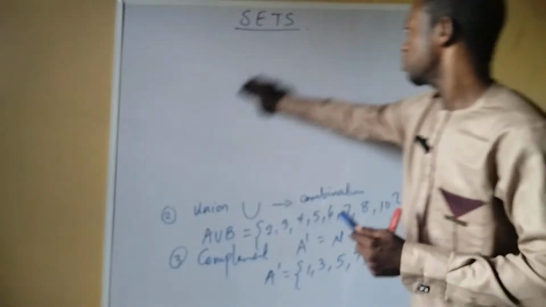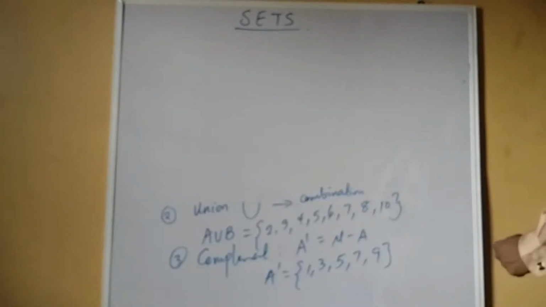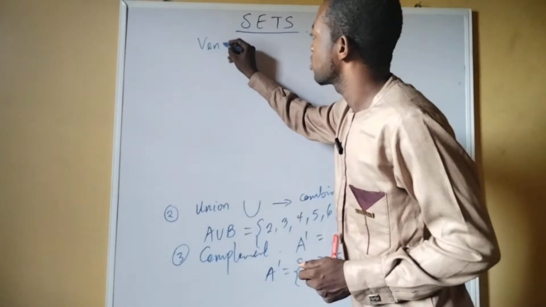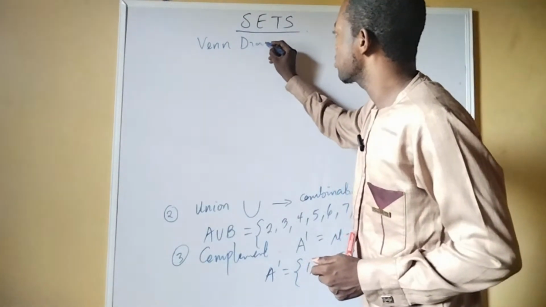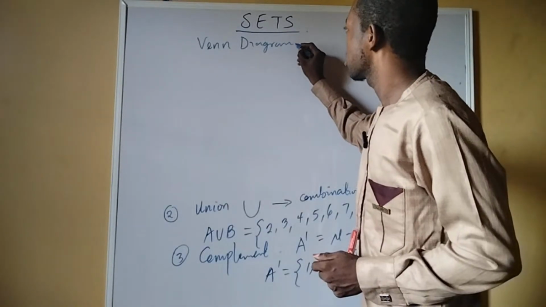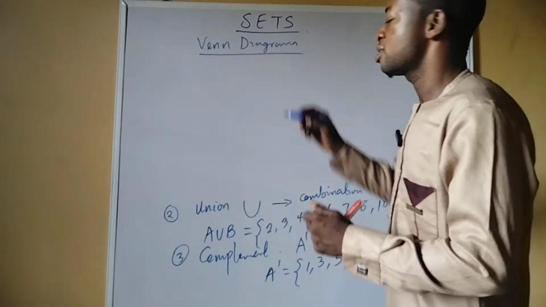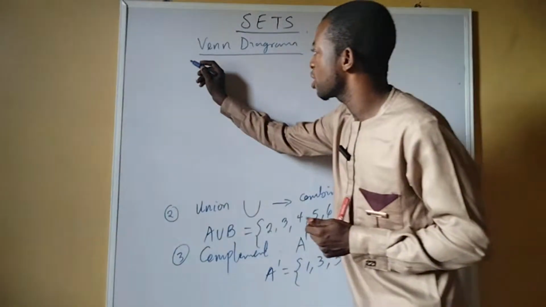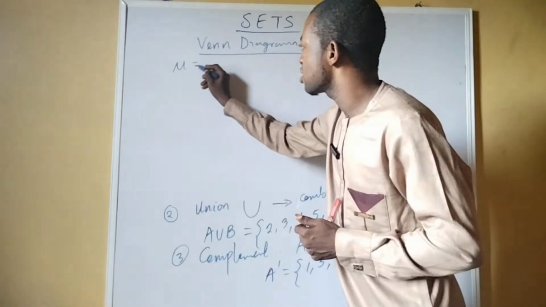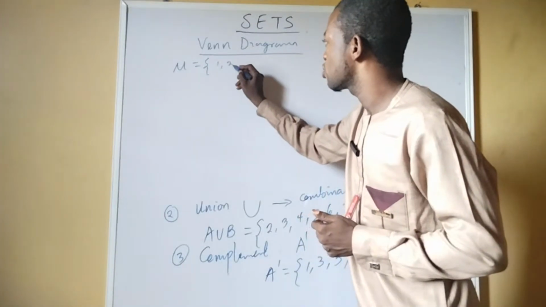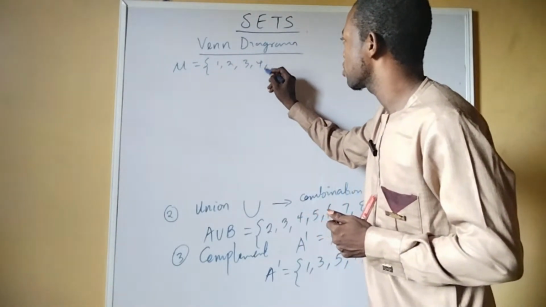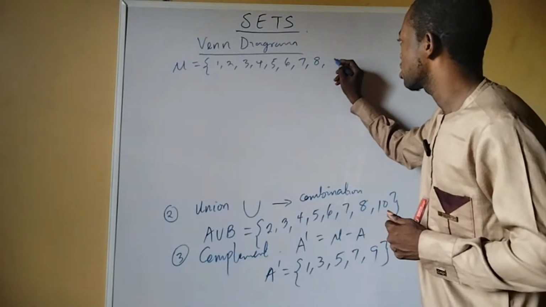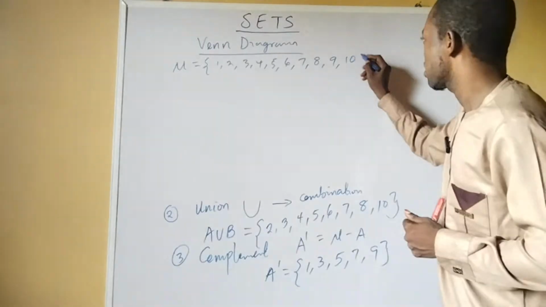When you talk about Venn diagrams, we have this diagram. It describes sets the way we have them. Let me list out what we had earlier. I have the universal set as 1, 2, 3, 4, 5, 6, 7, 8, 9, 10.